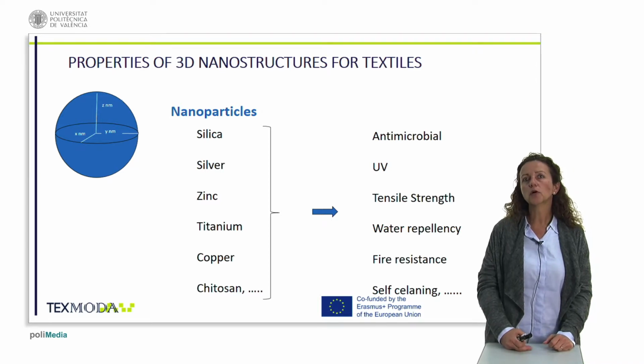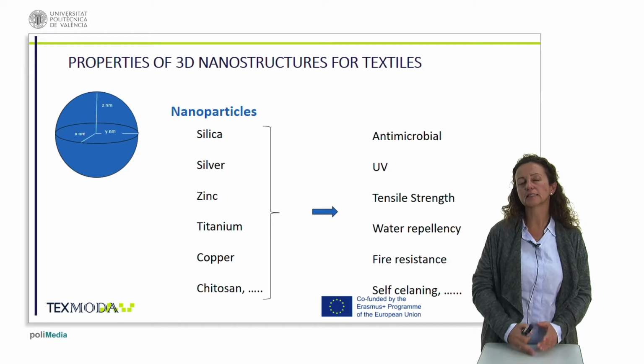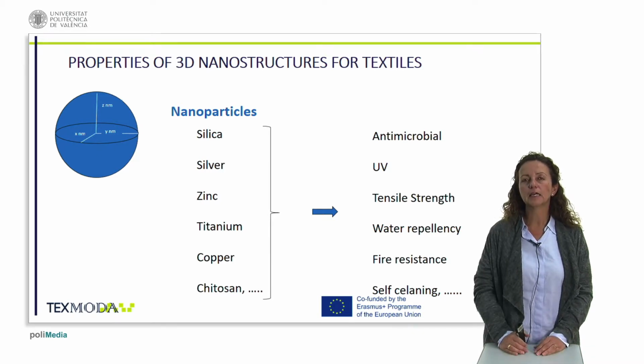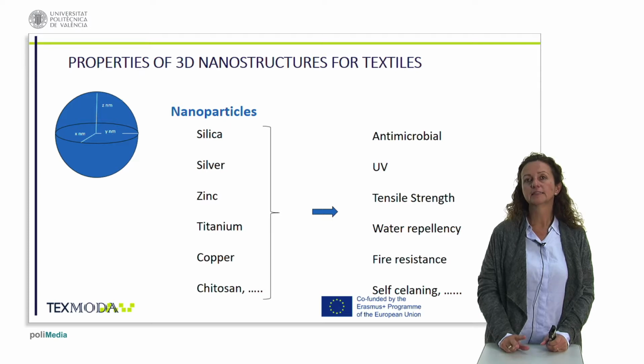So, among the most common properties that are an interesting field on textiles, we can cite antimicrobial, ultraviolet, and improved tensile strength.